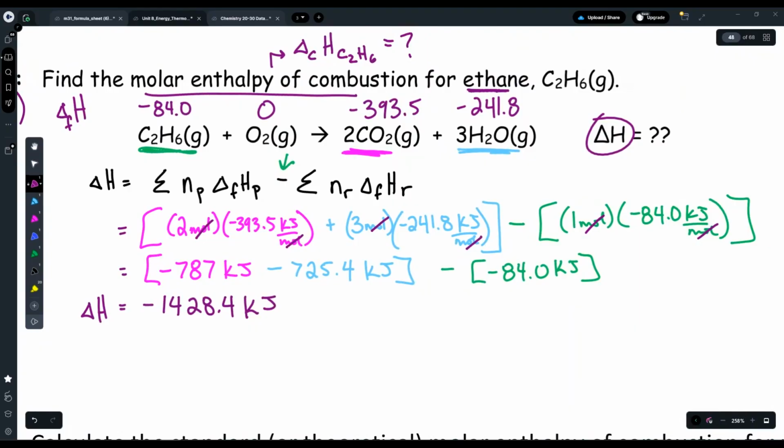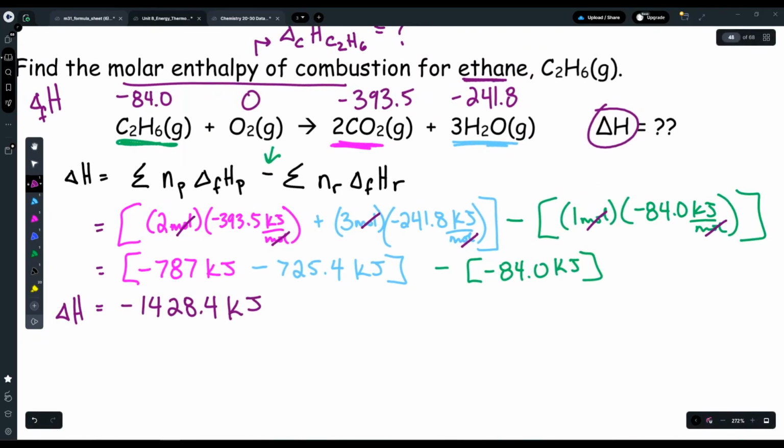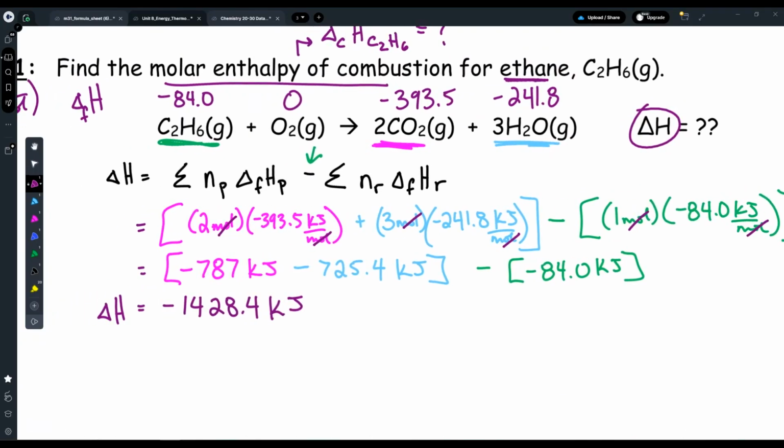Okay, so just as a reminder here, with SIGDIGs, because of what we did with our numbers, the amount of moles is not going to be used for SIGDIGs. What is going to be used for SIGDIGs is the molar enthalpies of formation.